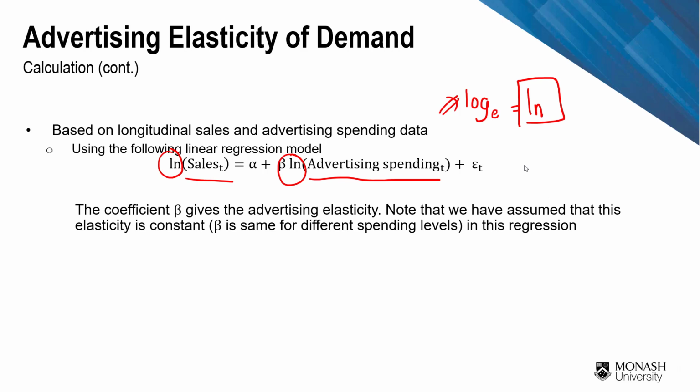So when you do a regression for sales and advertising, you regress ln of sales, which is your dependent variable, on ln of advertising, which is your independent variable. Whatever the coefficient estimate is, this will show you the elasticity of demand of advertising. So the coefficient beta will give you what we call the advertising elasticity.